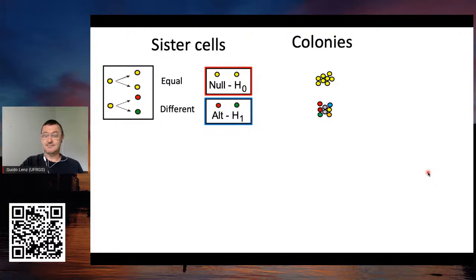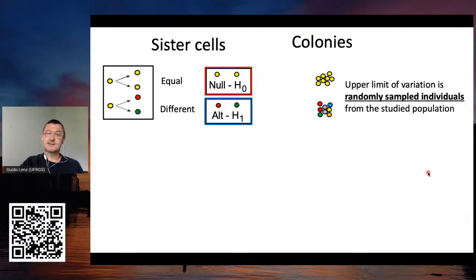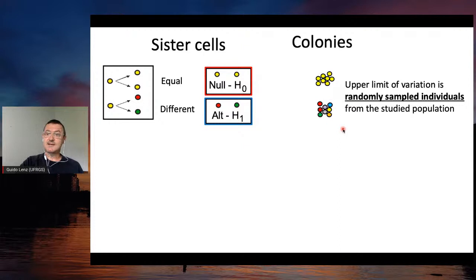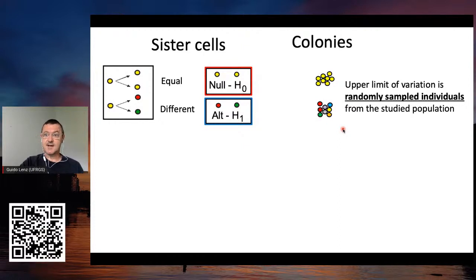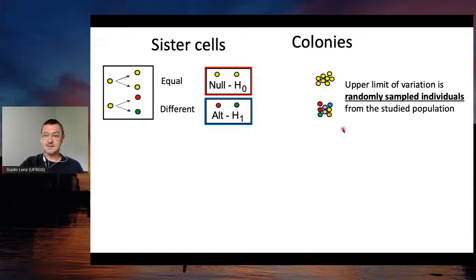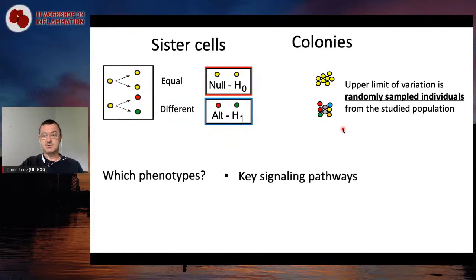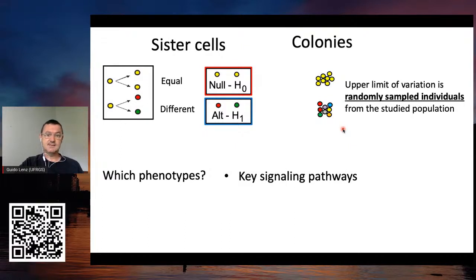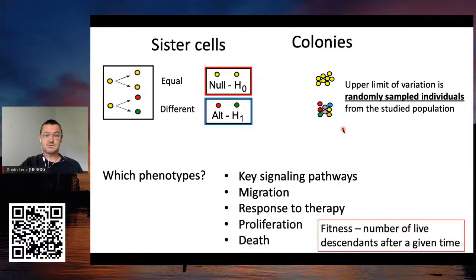Either all cells in the colonies are the same, or, at the other extreme, they are as random or as heterogeneous as cells that would be randomly sampled from the same large population of cells. We looked at some phenotypes we could measure in live cells, such as key signaling pathways, migration, response to therapy, and proliferation and death.